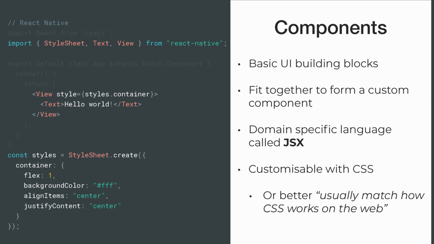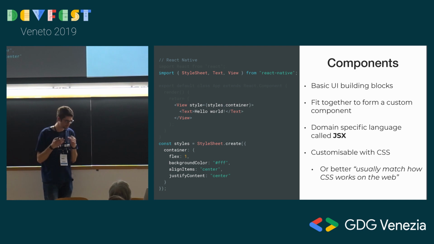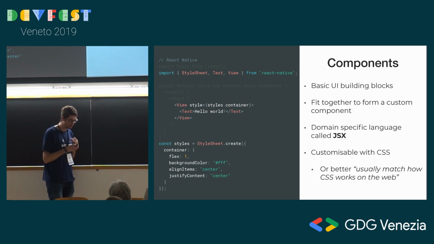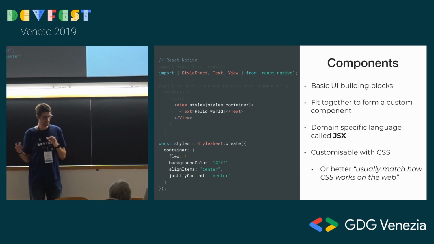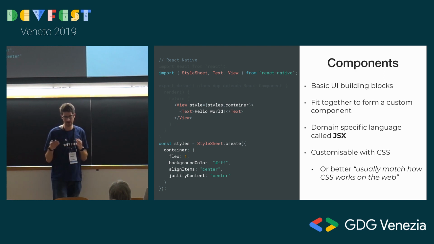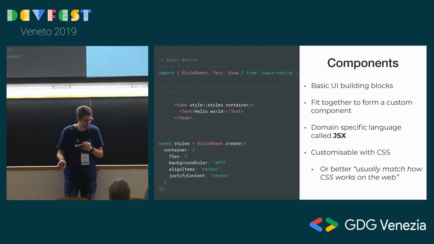And you can, of course, fit together many components to create complex or custom components. To declare components, you have to deal with a DSL called JSX, a mixture of JavaScript and XML code. It's very simple, you can learn it in 2 minutes.